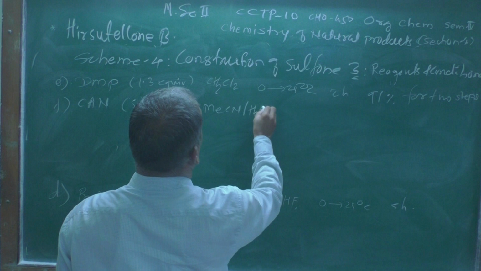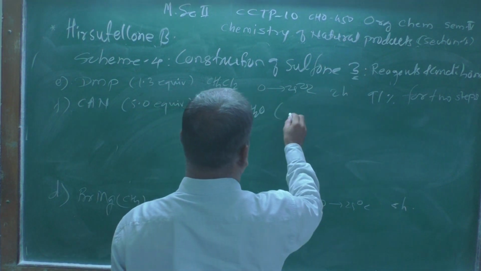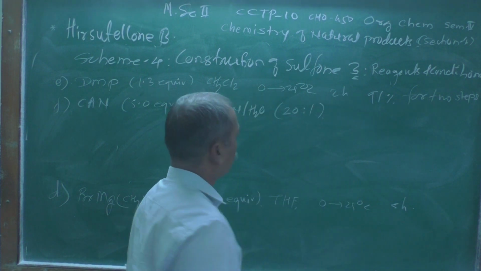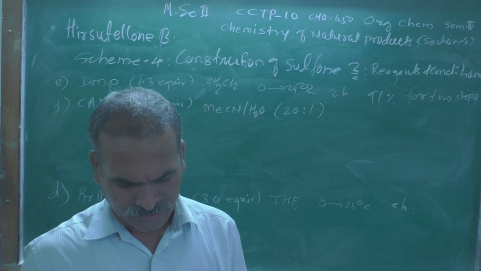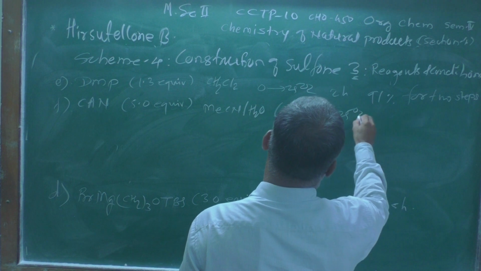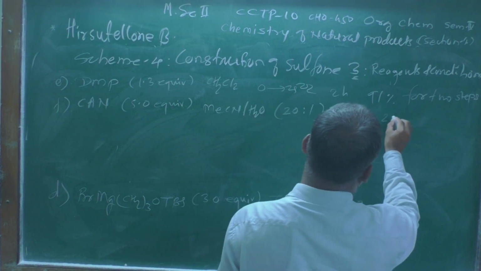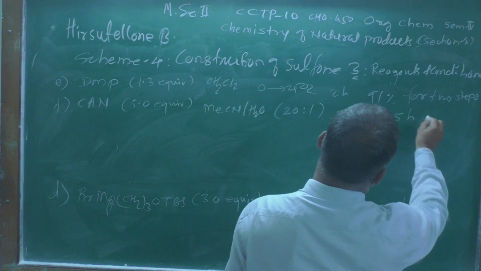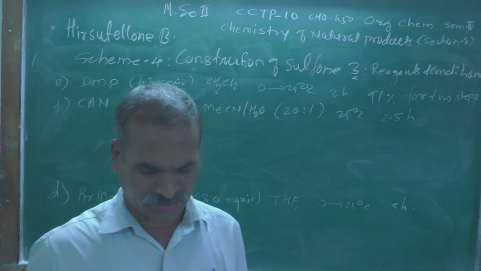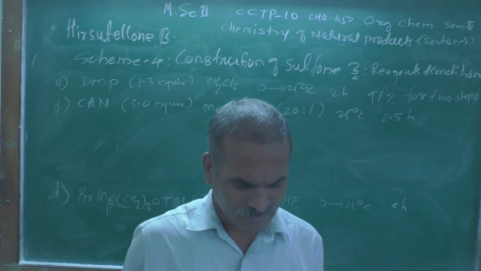They have used this mixture of solvent. The ratio they have taken is 20:1, and temperature is kept 25 degrees centigrade, means at room temperature, and they stirred the reaction for 2.5 hours to obtain that desired product.